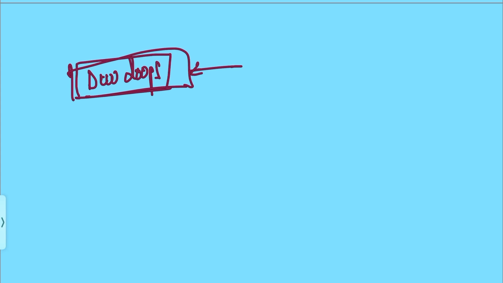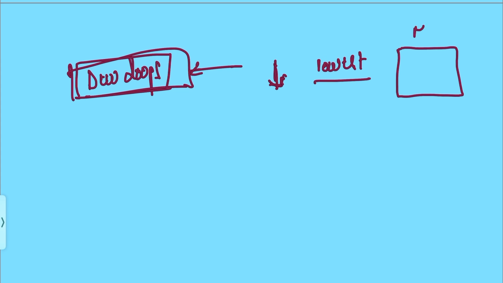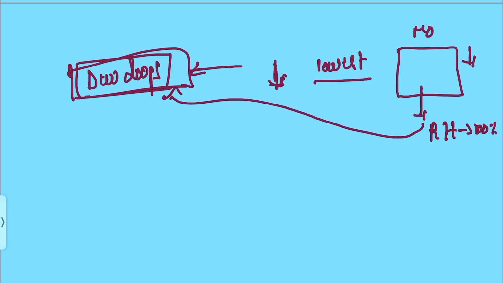Because at night the temperature went down, so in the morning the temperature is the lowest of the day, and the capacity of the atmosphere to hold moisture has shrunk. So the relative humidity has reached 100%. Hence, the moisture has collected in the form of dewdrops, and that is why it is called the dew point.